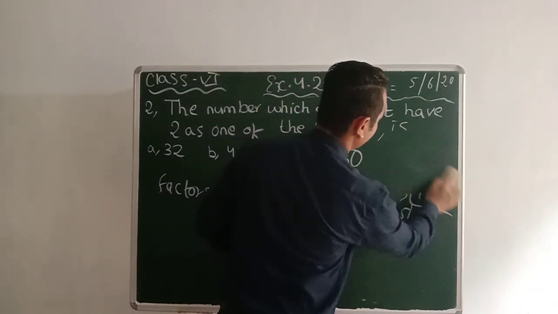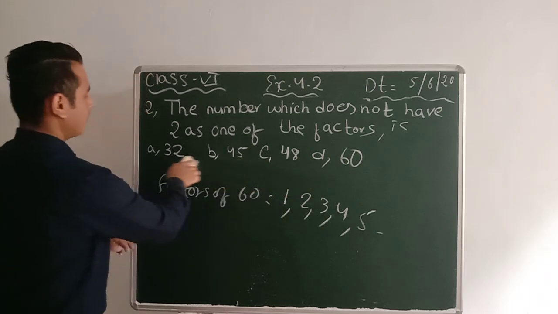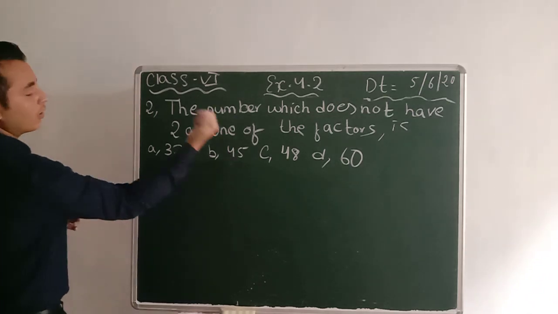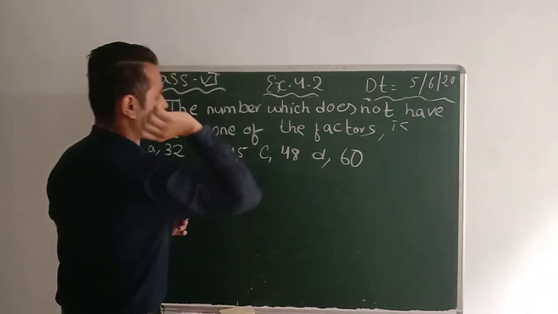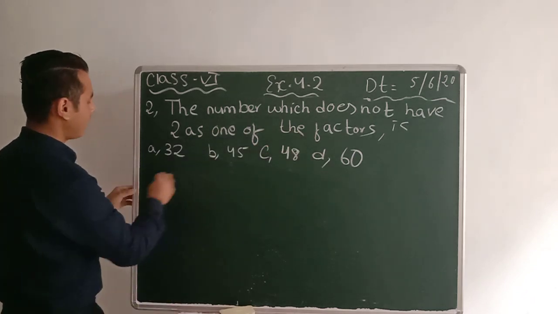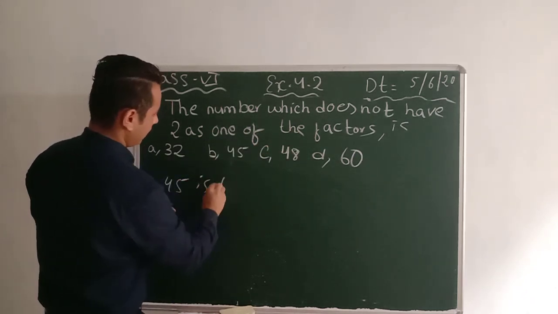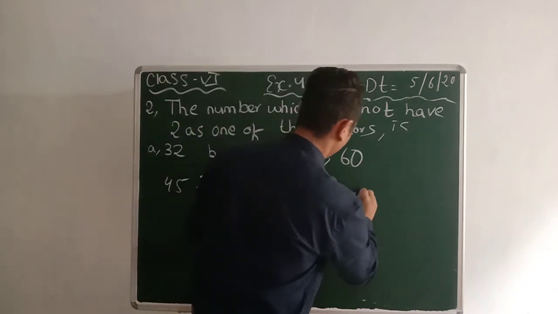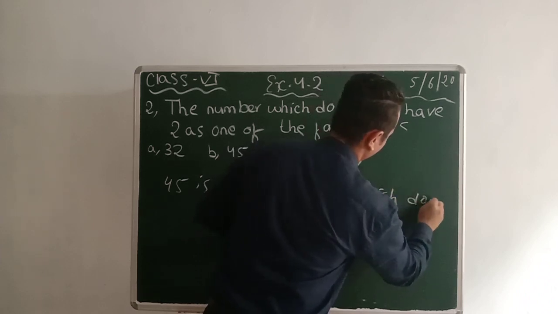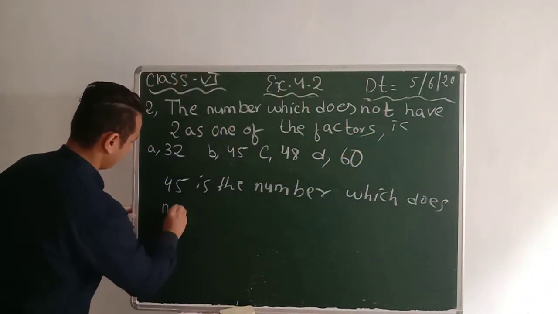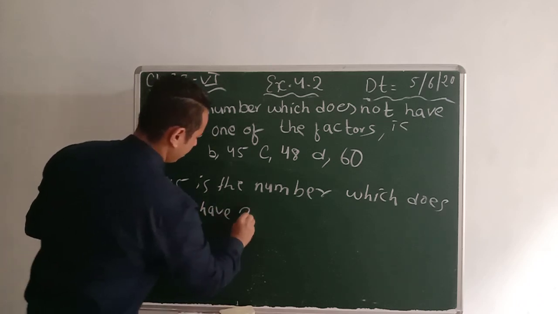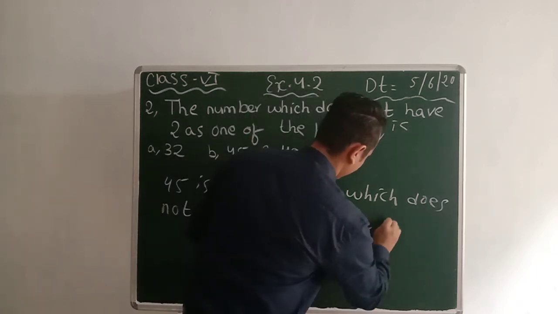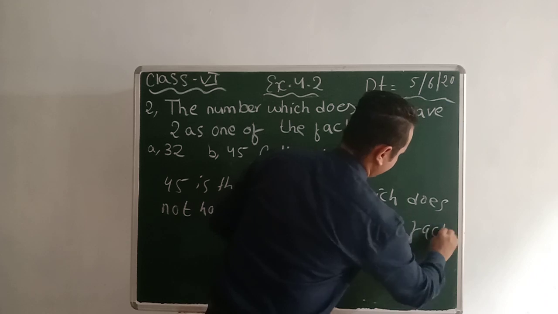Okay, now you have to find all the factors of these 4 numbers. Although you can find the answer over here only, you should do 48 and 60 also. After finding all the factors, you should write 45 is the number which does not have 2 as one of the factors.